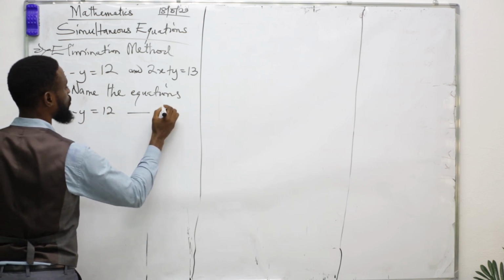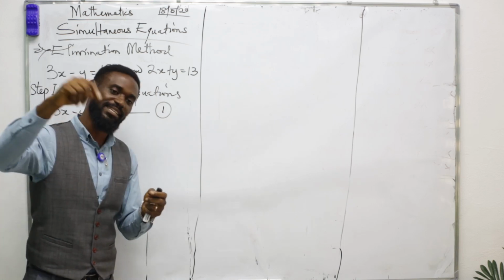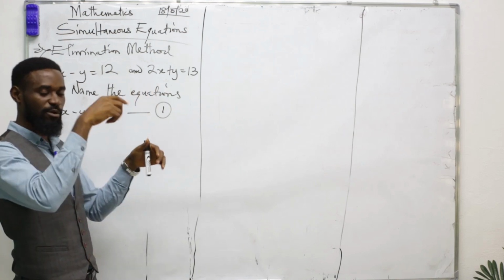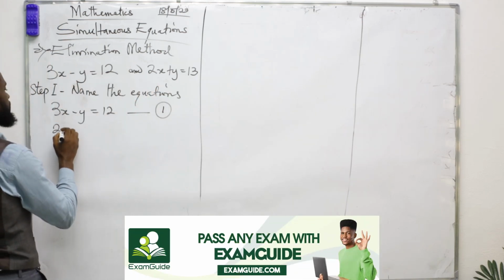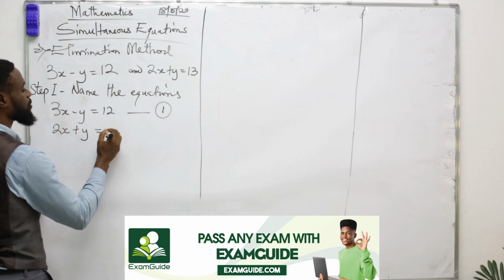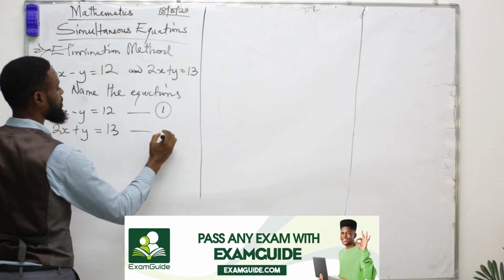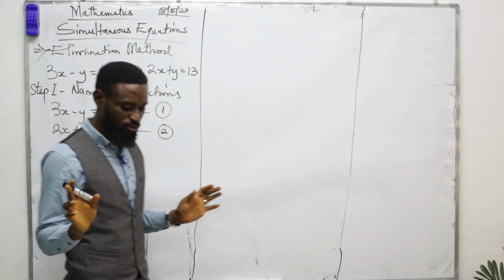This is our equation 1. You don't need to write equation 1, just put 1 and circle it. It means equation 1. The next one is 2x plus y is equal to 13. This becomes our equation 2. That is the first thing to do.